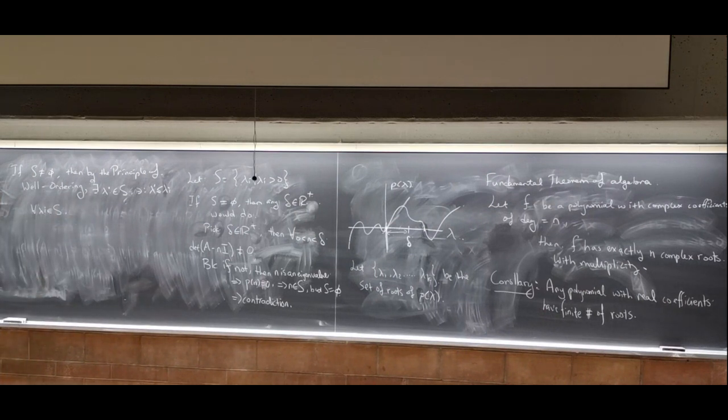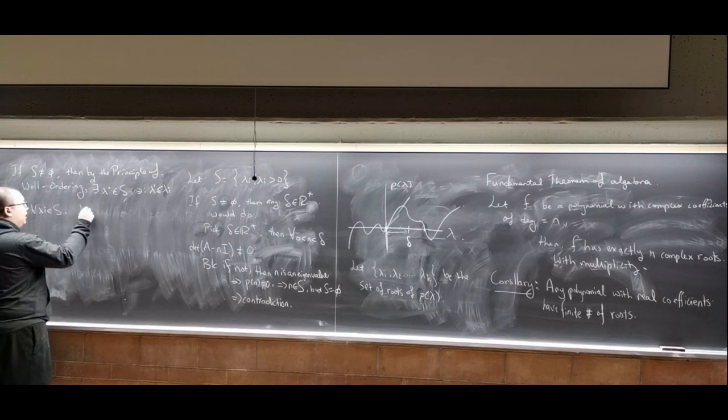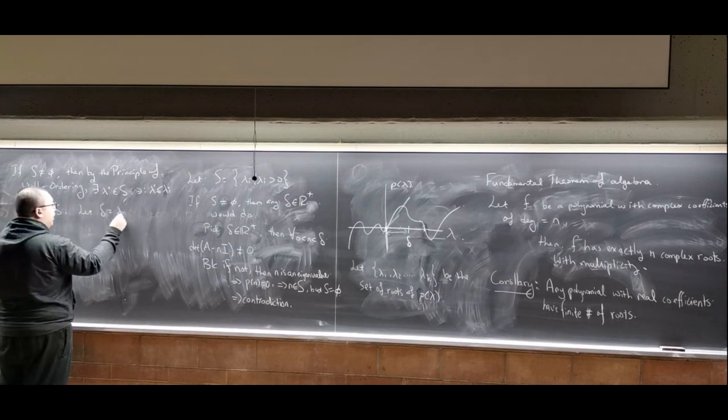Any finite subset of the real numbers has a smallest value. You can always find the smallest value. So I'm just going to let delta equal the smallest value.